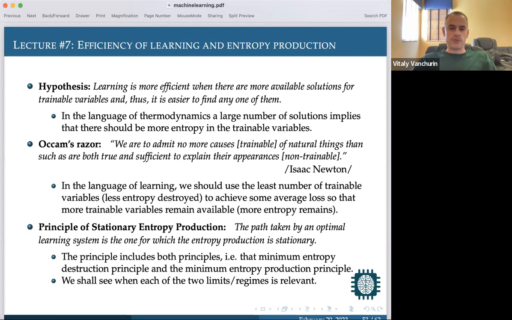Now, if I said that entropy production is minimal, the smallest, that would be equivalent to Occam's razor and to the hypothesis that we have. The other way, if entropy production is maximal, so if we have more.